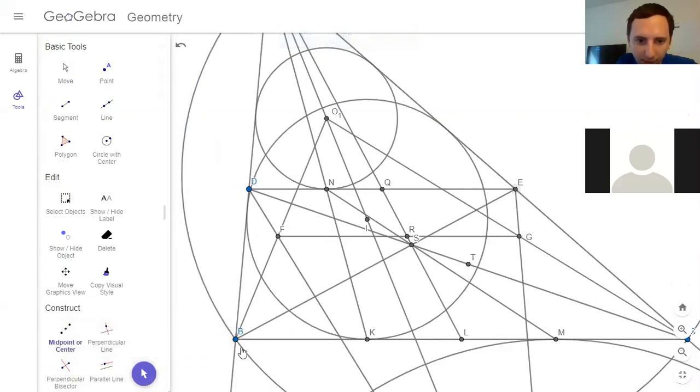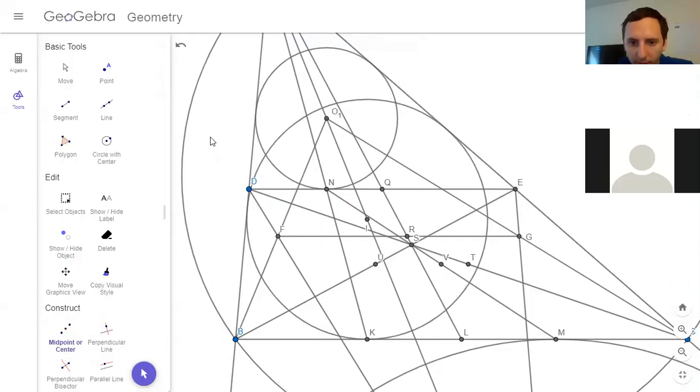Okay, E, B. Here we go. And then the midpoint of, oh no. The midpoint of MN. Wait, I can't even remember what we wanted here.